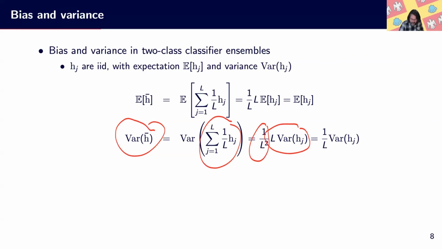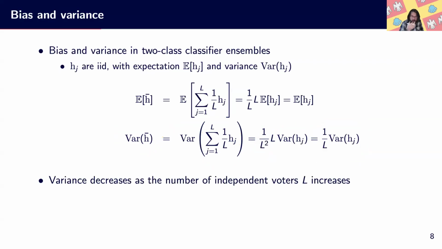So 1 over L squared times L times the variance of Hj gives us 1 over L times the variance of Hj, which is very interesting because it means that the variance decreases as the number of independent voters L increases. The more voters we have in the committee, the lower the variance. It is divided by the number of independent voters, assuming they are independent.